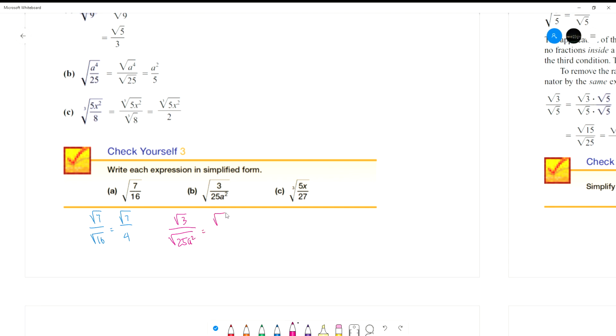So we get radical 3 over 5a. And the last one is the cube root of 5x over the cube root of 27. So again, we get cube root of 5x over 3. Any questions?